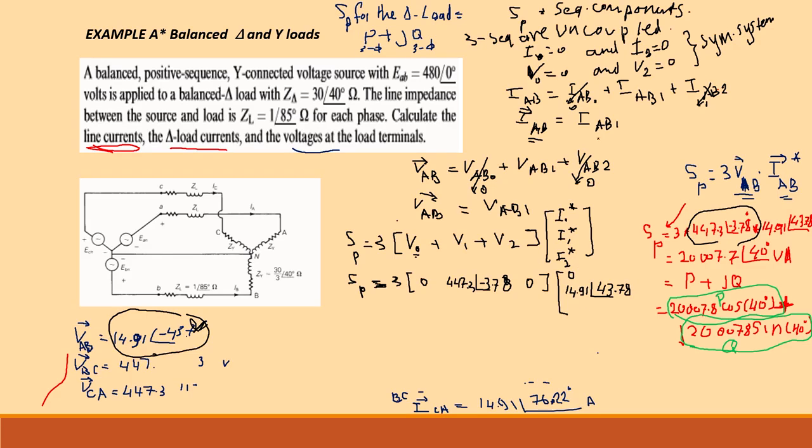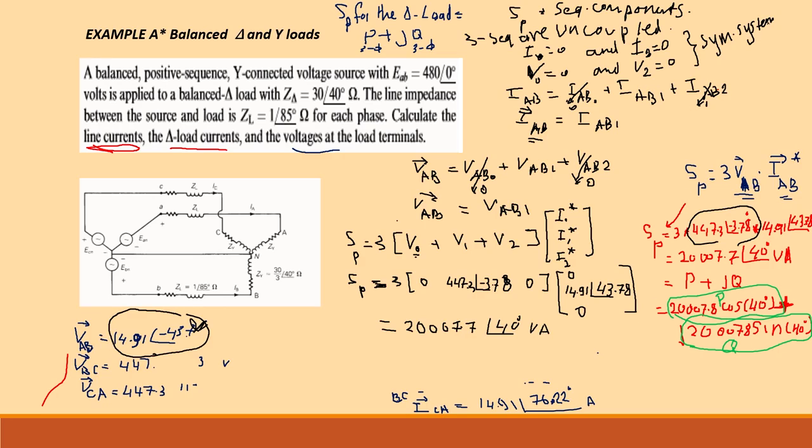And I2 is equal to 0. If we multiply the row matrix by the column matrix, and multiply by 3, then SP is equal to the same quantity, 20,007.7 with an angle of 40 degrees volt ampere.